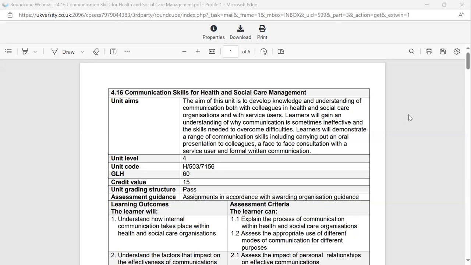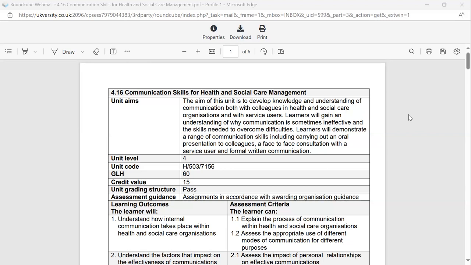Learners will gain an understanding of why communication is sometimes ineffective and the skills needed to overcome difficulties. Learners will demonstrate a range of communication skills, including carrying out an oral presentation to colleagues, a face-to-face consultation with the service user, and formal written communication.